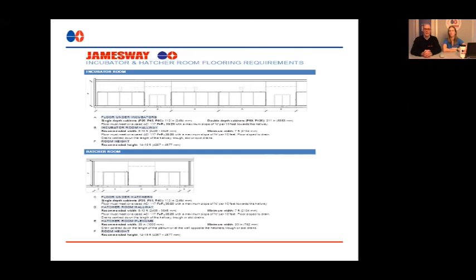So this type of information is critical in the beginning of a project to be shared by Jamesway to a customer, or it can be shared to the general contractor, shared during a construction meeting, those types of details. It's something that Victoria's developed and is a critical piece of information that can help prevent some issues down the road if we get that shared to the appropriate people.